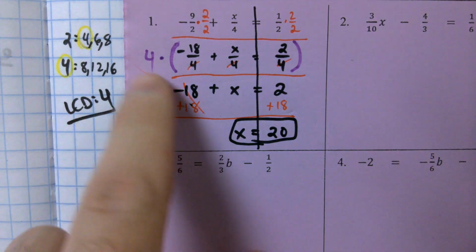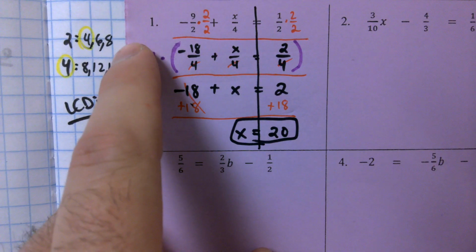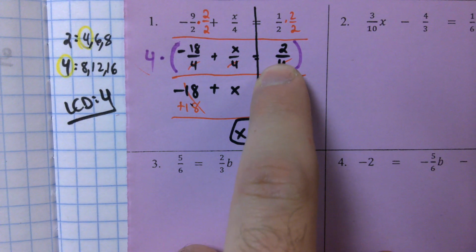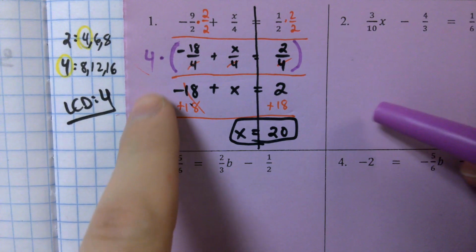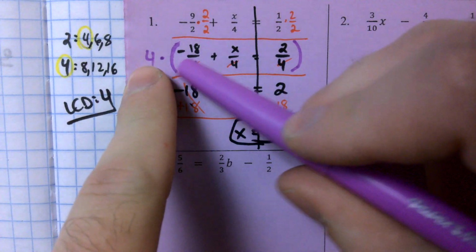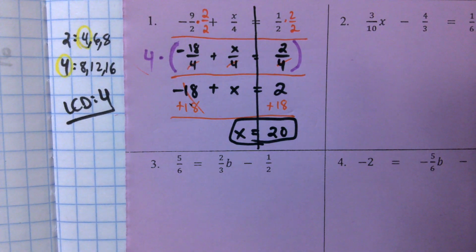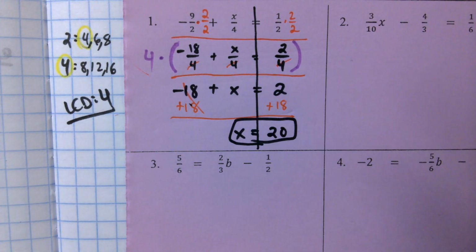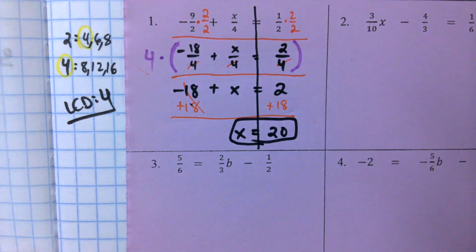That allows me to cancel out this 4 with this 4, this 4 with this 4, and this 4 with this 4. So mathematically I'm multiplying the entire equation by the denominator to cancel out the denominator. But in a more colloquial sense, if all my terms have the same number on the bottom, I can just get rid of them. Does that make sense? Really good question. But yes, mathematically that is what we're doing.